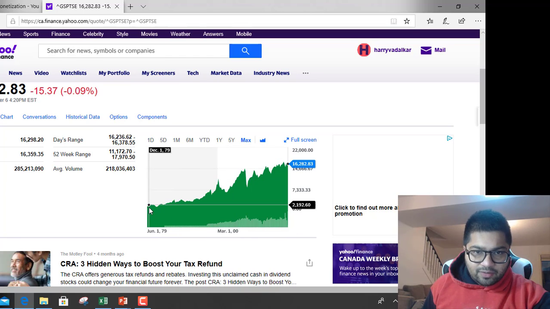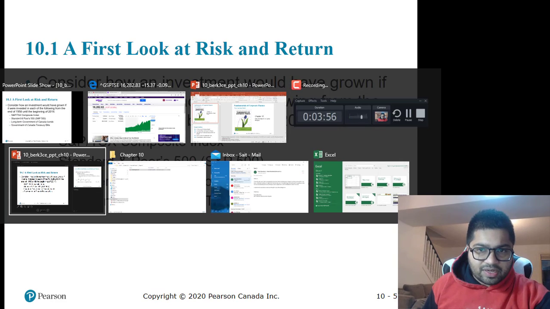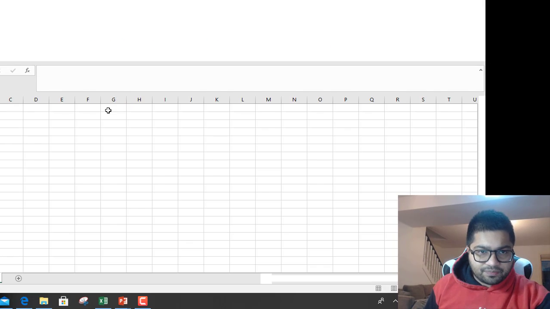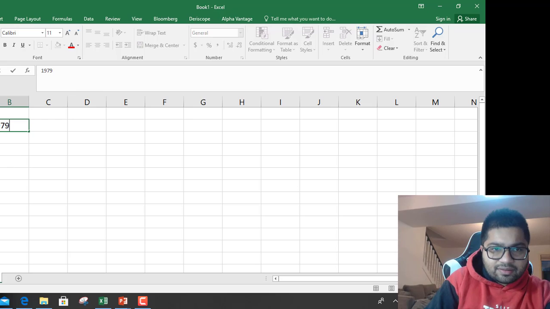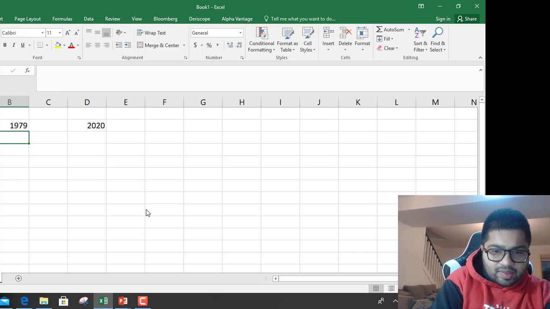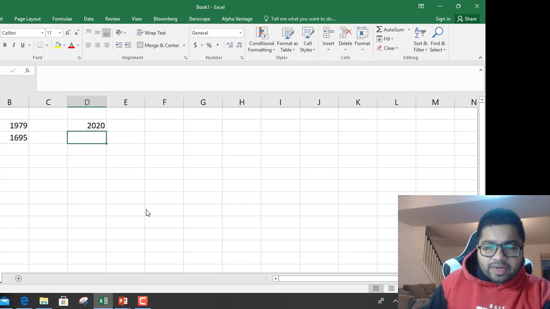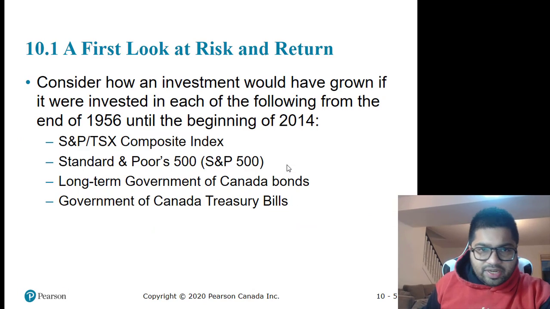It has data from 1979, it doesn't have data from 1956. So let's calculate from the 1st of June 1979 to today, so the time period we are looking at for the TSX is 1979 to 2020. In 1979 this index was at 1695, and in 2020 this index is at 16282.